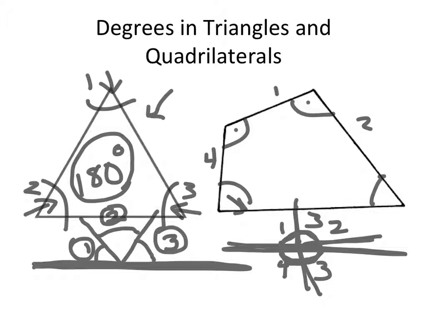Because they make a full circle, we know that the angles in any quadrilateral are going to add up to 360 degrees. This just makes sense. It also makes sense that our 180 is half of our 360 degrees, because we know that triangles take up half the space of a quadrilateral.